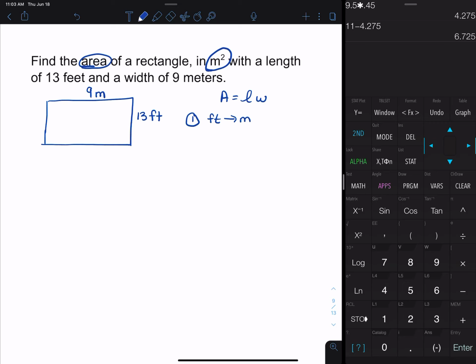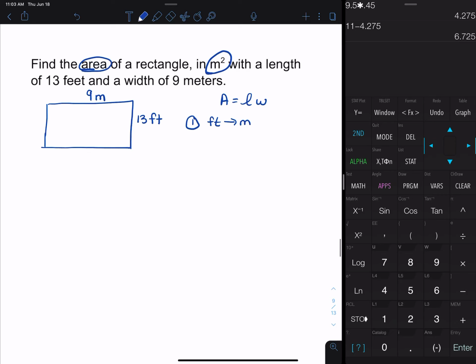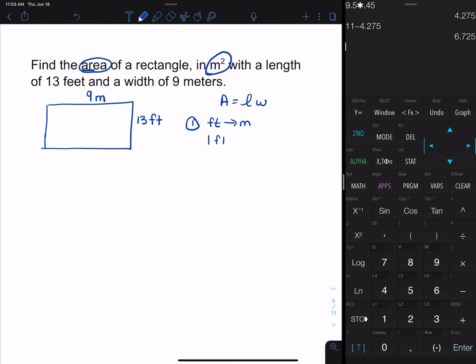Now, we have a few conversions for that on our conversion sheet. We know that we can use either 1 foot equals 0.30 meters, or we could use that 1 meter is about 3.28 feet.